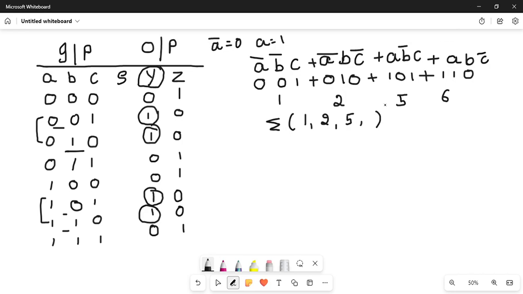Actually, in your textbook, what he has done is that he is telling you to write the canonical min-term expression in decimal notation for the logic described by the truth table in the figure.